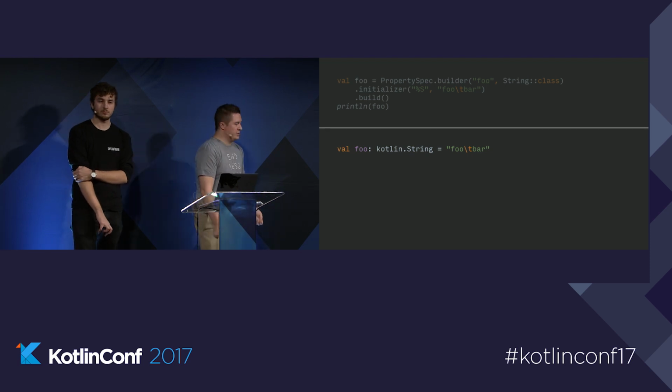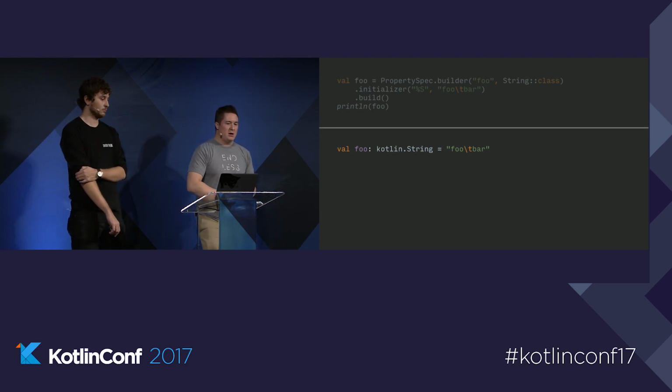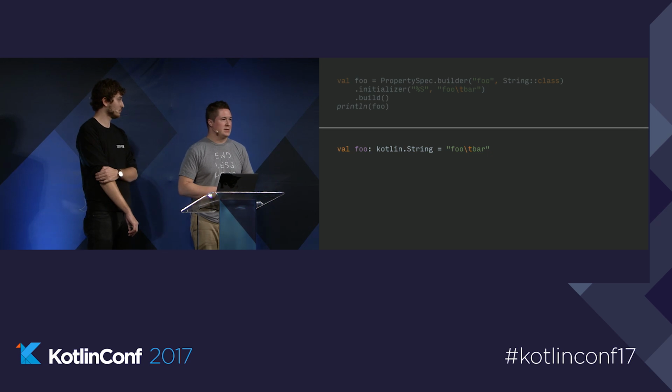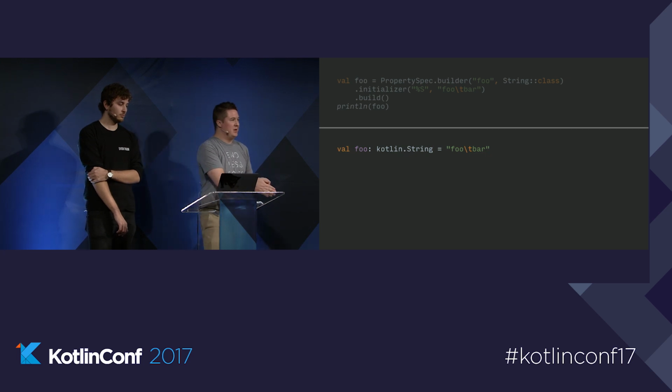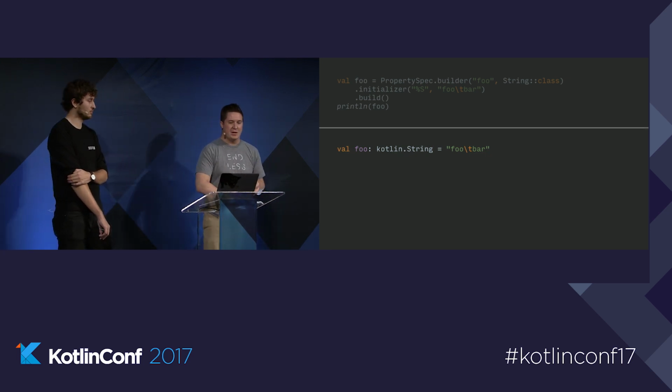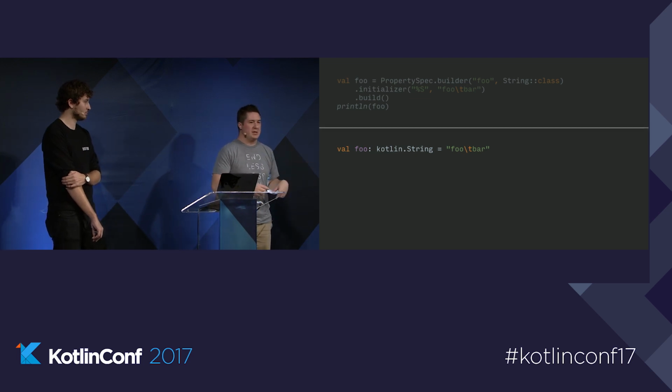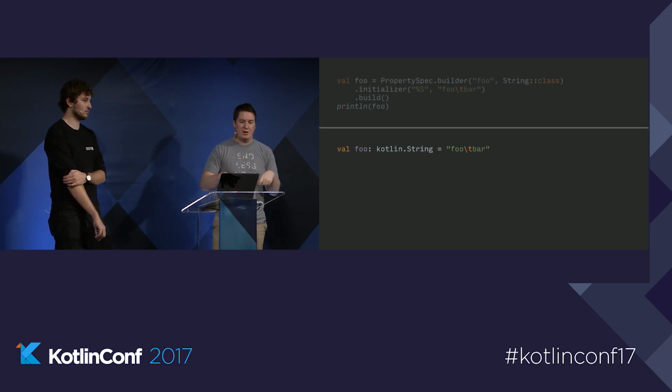And so here you'll notice I'm calling println on this object, and it's printing out the fully qualified class name of the property. But I just got done telling you how imports are handled automatically and generated. And the reason for that is that this model object represents just a property. And if you think about just a property, there's nowhere to put imports.